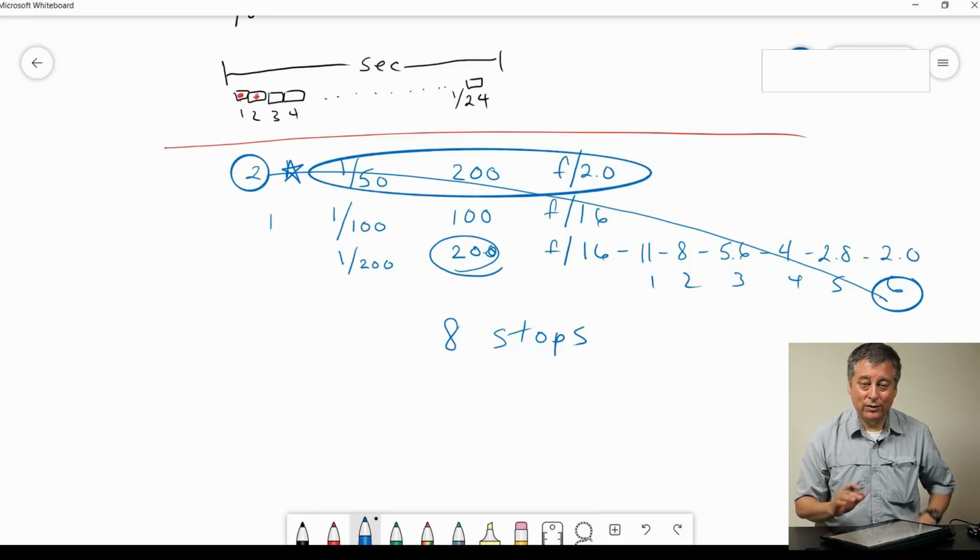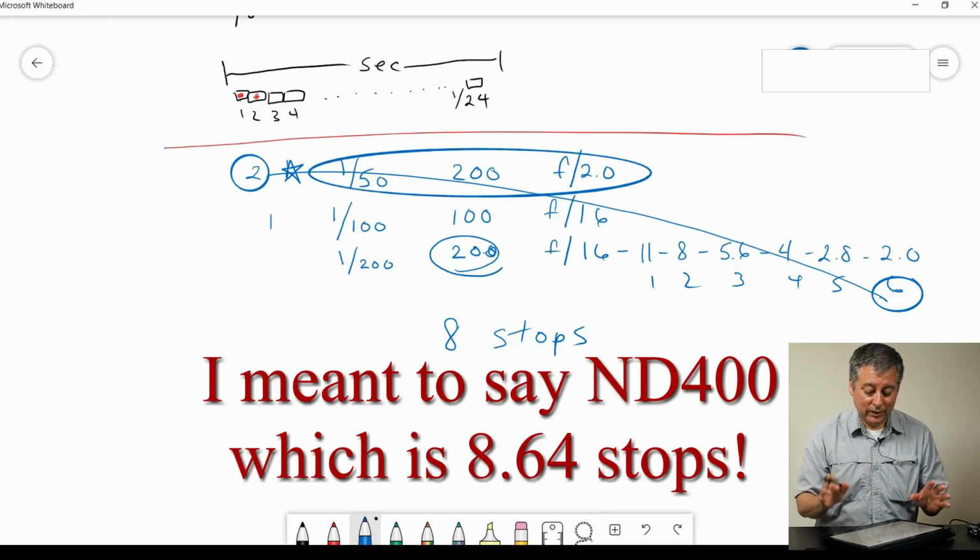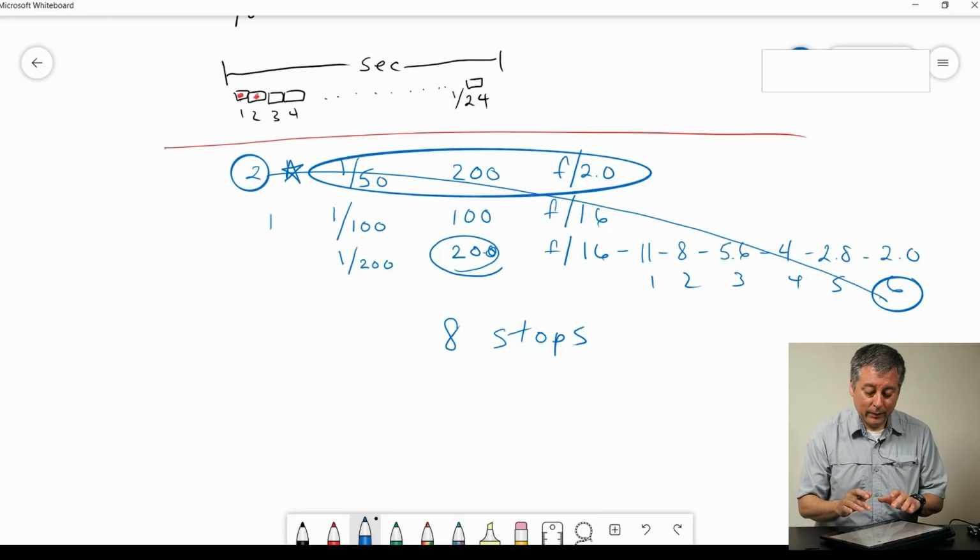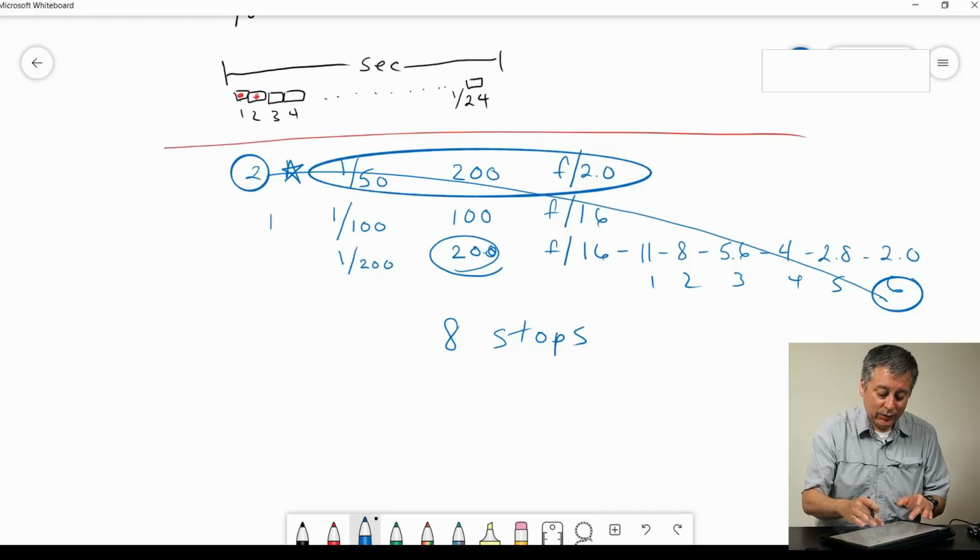If you go online and shop for ND filters, there'll always be a list of ND8s, a really good selection of those, because this is a very, very popular ND filter, because this is what gets us back to this.